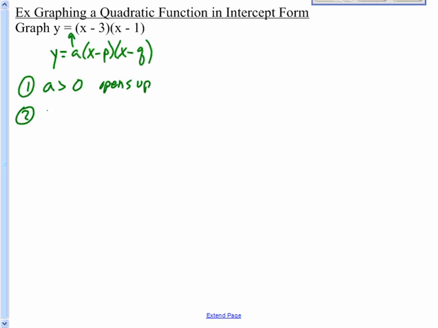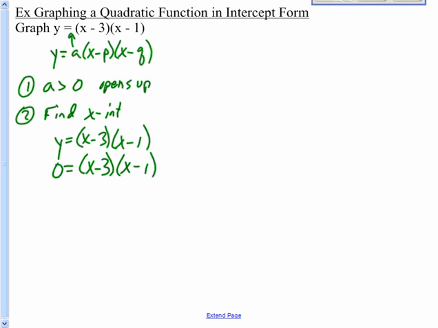Now, second thing is I'm going to find my x-intercepts. Well, to find my x-intercepts, I always let y be 0. And then I'm just going to solve this. So if x minus 3 is 0, that would be 0 times whatever, and this would be true, right? You'd have 0. So I'm going to apply the zero product property here.